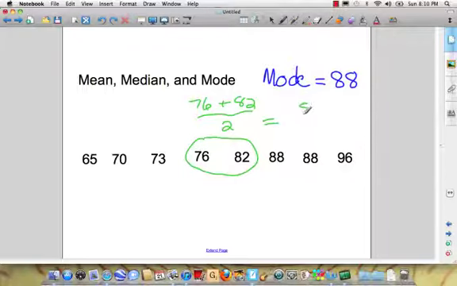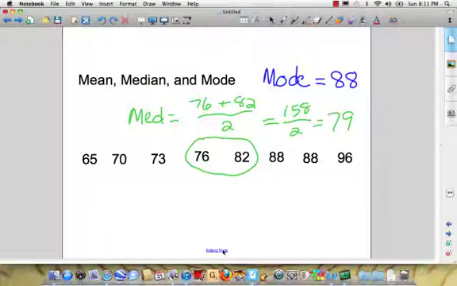Let's see, 76 and 82 is 158. 158 divided by 2 would be 79. Yeah, so the median is 79. Again, if we had had an odd number of data points, there would have been just one number in the middle, and it would have been just a matter of finding it.